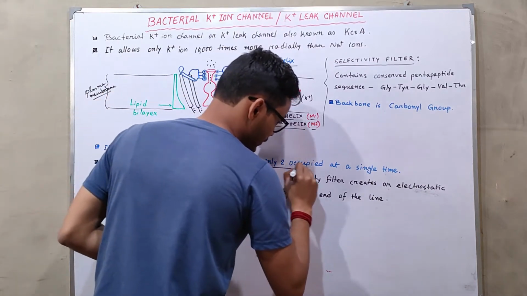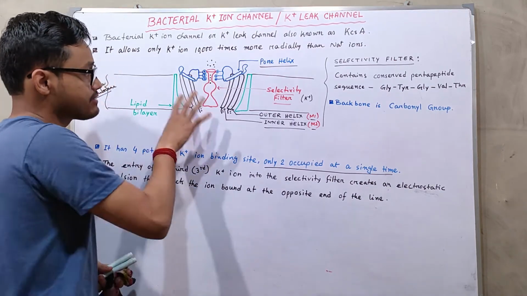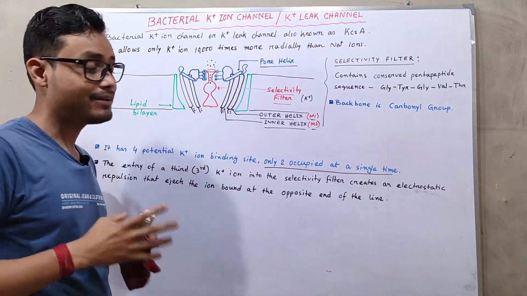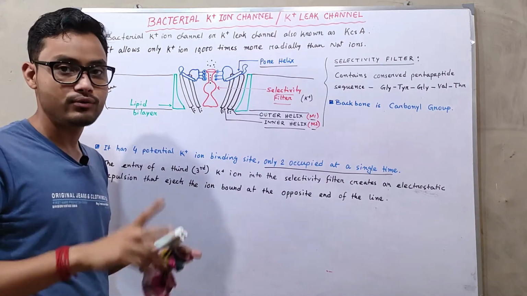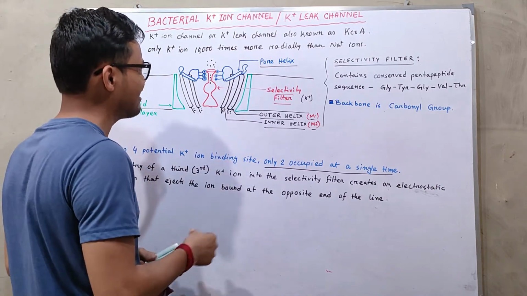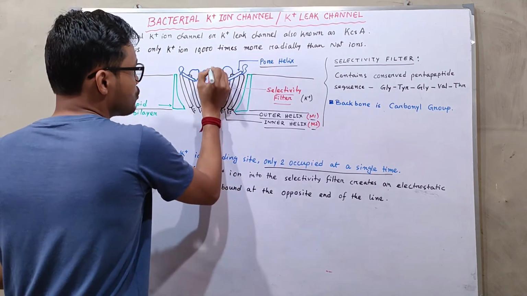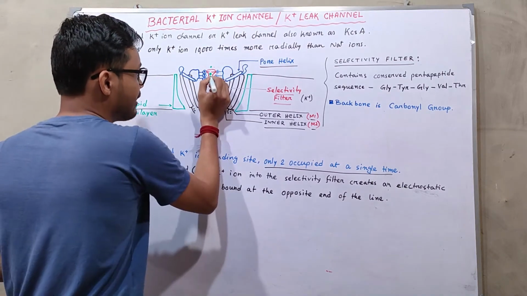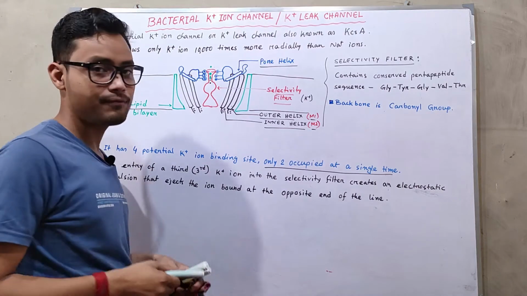Whenever a third K plus is inserted into the selectivity filter while two are occupied, an electrostatic repulsion occurs, and this electrostatic repulsion creates a force.